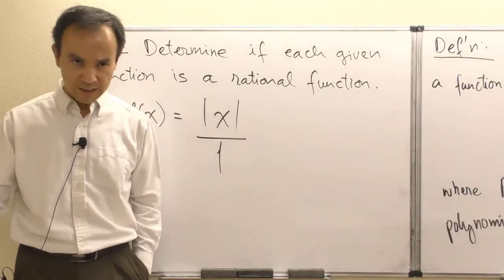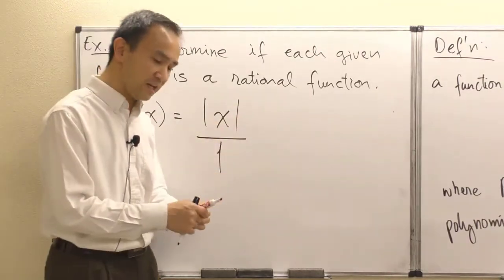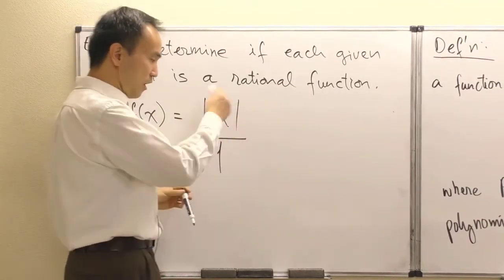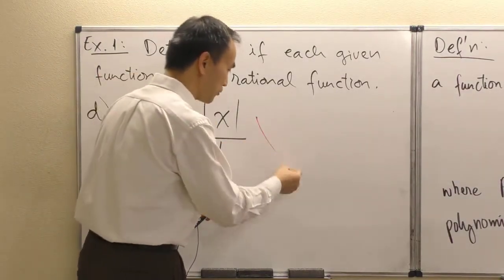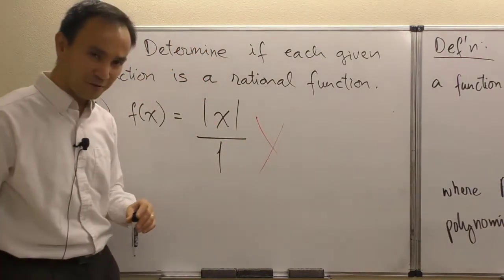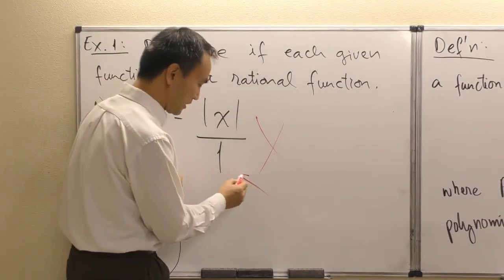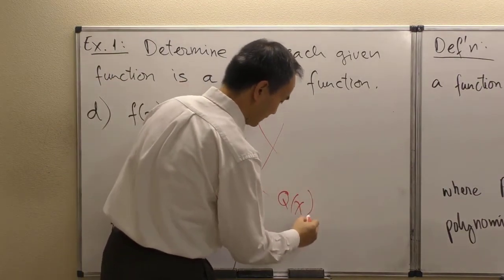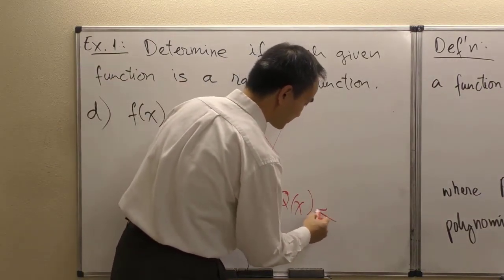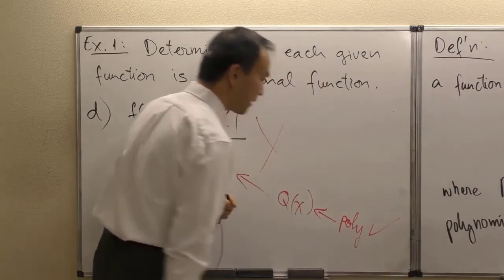Algebraically it's completely legal. So yes, I see a fraction, but this function, ladies and gentlemen, even though we have already put it in fraction form, still fails being a rational. So why is that? Because maybe the denominator q of x here is a polynomial, it passed the denominator being a polynomial.